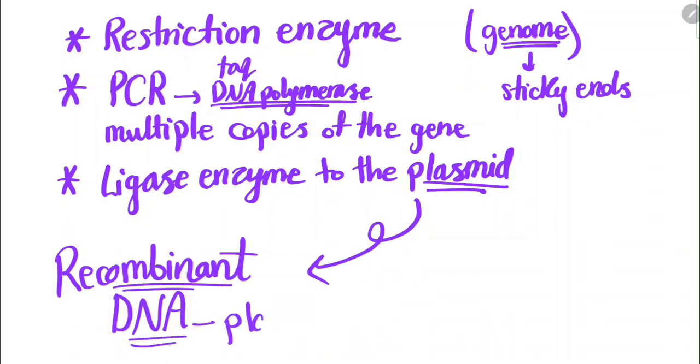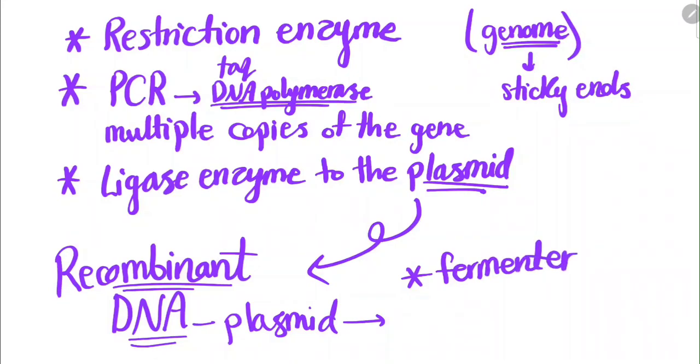It can be called either of these. Then the following step is placing it in a fermenter to produce multiple copies of that protein. Then we can do two things that we've said: isolate the protein and purify the protein. Then it can be used in medicine.